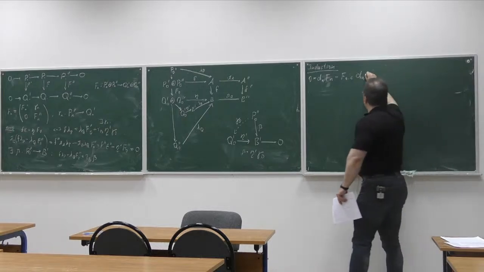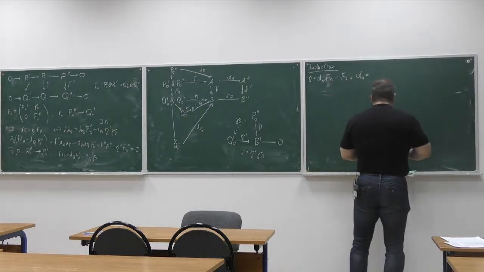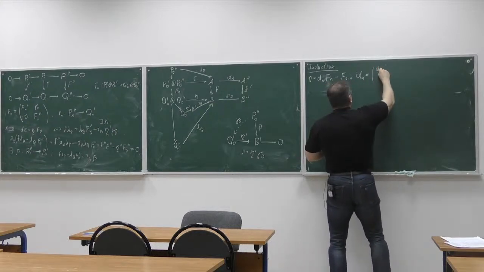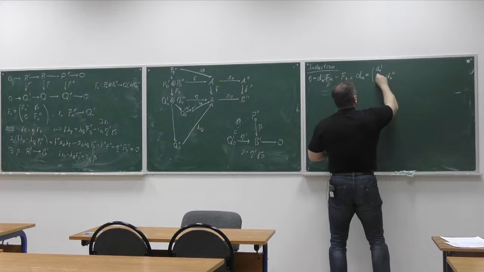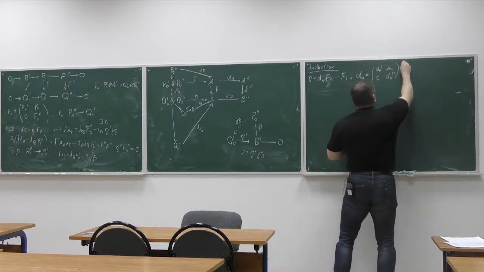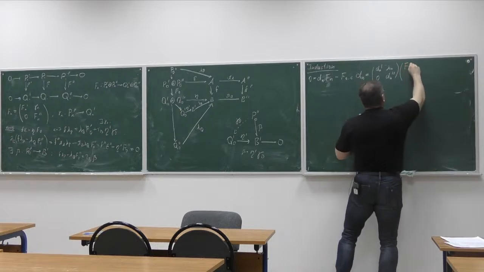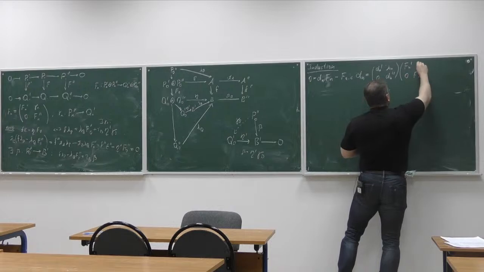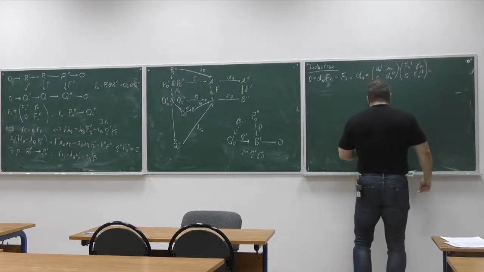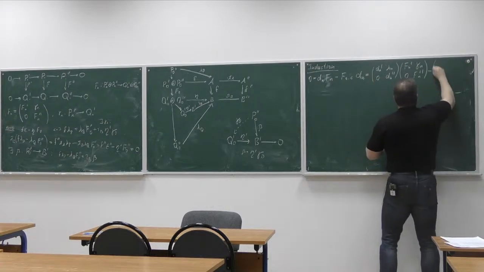Now let me rewrite this identity in terms of 2 by 2 matrices. For the Dn, I can use the following block form. Okay, maybe I just write the formula and then we discuss this.